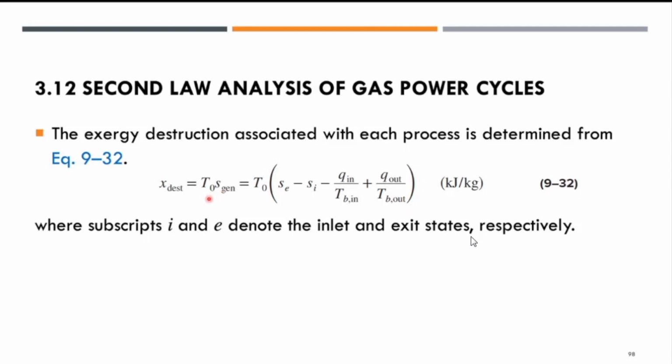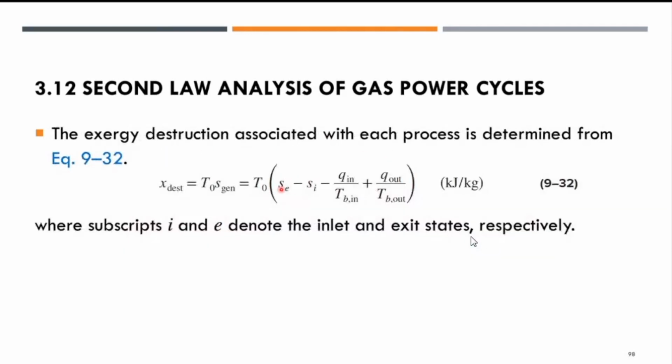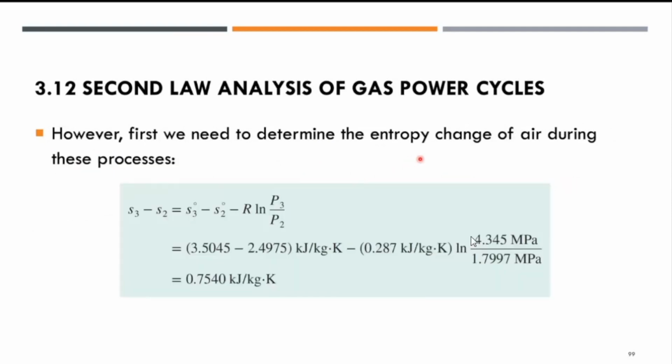With subscripts i and e denoting the inlet and exit states respectively. But we want to find the entropy change first, because you have to input the value of the entropy over here. So you have to find the entropy change during the process from 2 to 3.